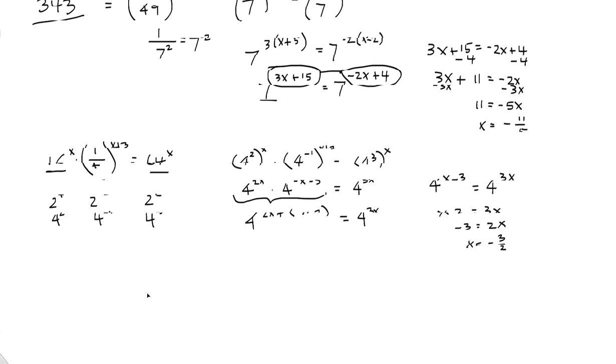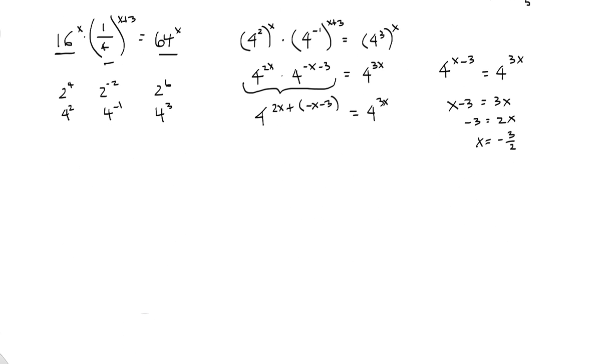Oh, let's do one more where we use the quotient rule. 27 to the, let's say, x plus 2 over, oh, how about 3 to the 2x minus 4 equals 1/9. 9 is 3 squared, 27 is 3 to the 3rd. Looks like base 3, doesn't it?